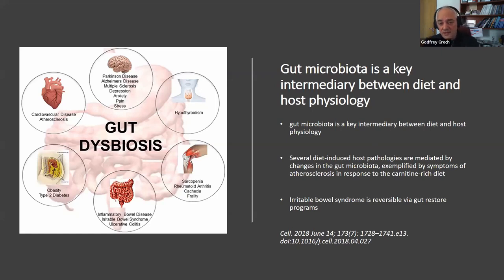So I said as well that there is a lot of interaction between diet, these metabolites that we just mentioned, and our own physiology. And if there is disbalance in this interaction, it would result eventually in disease. Irritable bowel syndrome is a condition which can be restored. But if maintained, it would definitely result eventually in an inflammatory disease.